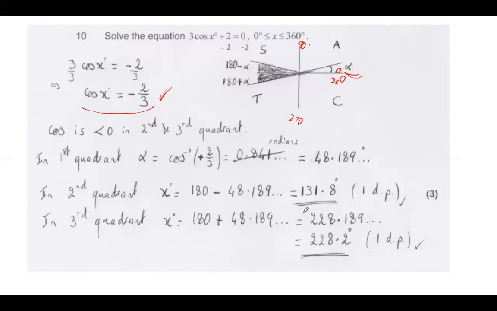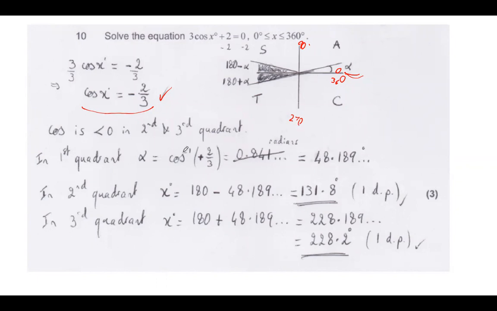Okay? So once we find that angle where they're all positive, which is changing the sign of this, I get 48.189, and I'm convinced that this is a very good answer because it's positive between 0 and 90.